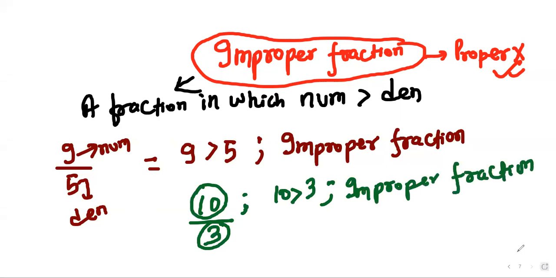Let's do some unique examples to identify whether the given thing is proper or improper. If someone writes 3 and asks you to find whether it is proper or improper, you don't get bothered about this. 3 is written as 3 over 1 for sure, isn't it? So here we have 3 as the numerator and 1 as the denominator.